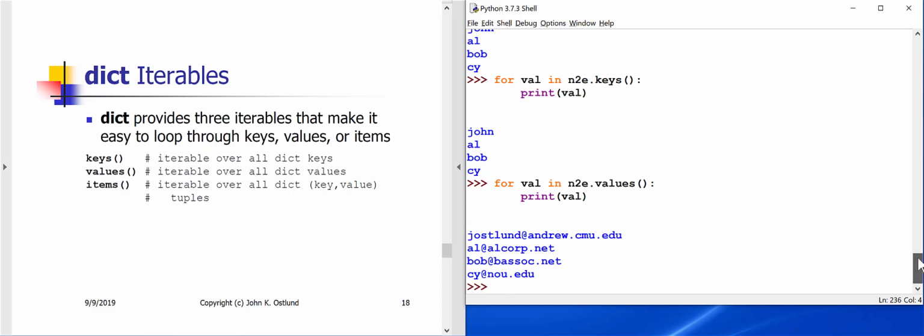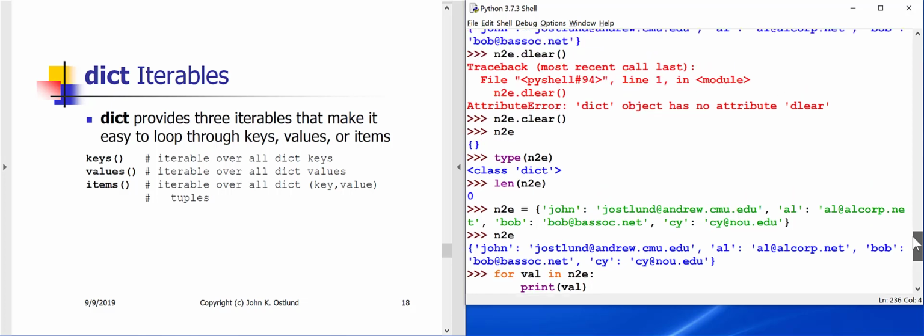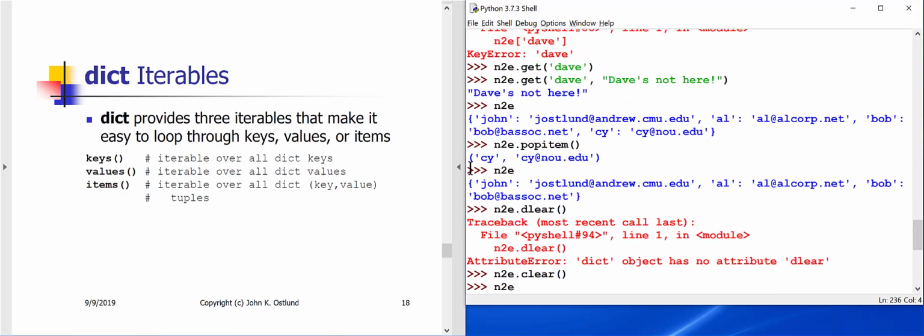Pop item, you may remember, returned to me a tuple. So when I said ente.popitem up here, I got a tuple in which the sub 0 item is the key and the sub 1 item is the value.